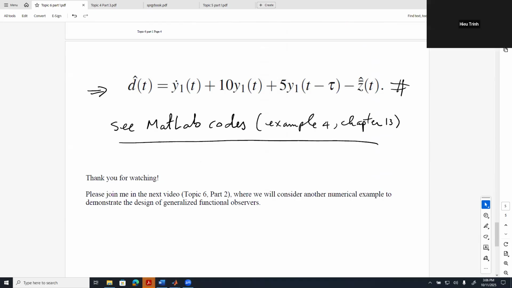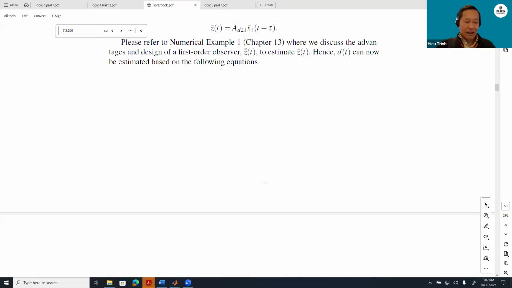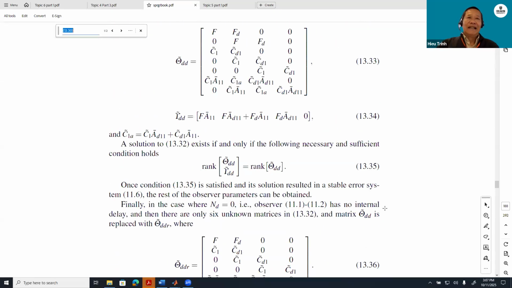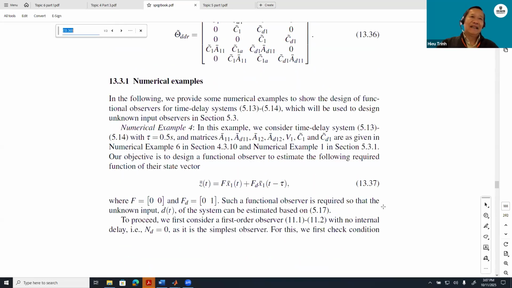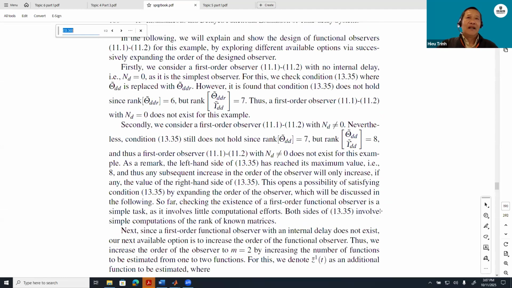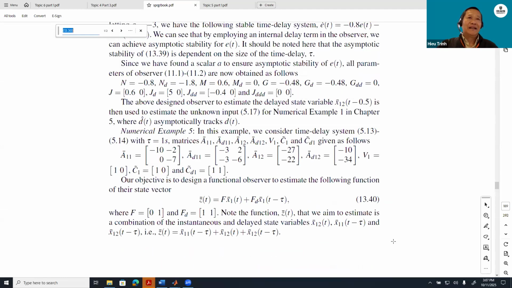We continue on this topic, which is topic 6, part 2, where we would like to take another numerical example to demonstrate the generality and significance of generalized functional observers. Now, in the next discussion, we're going to consider a time delay system with C tilde D1 not 0 and all of that stuff.